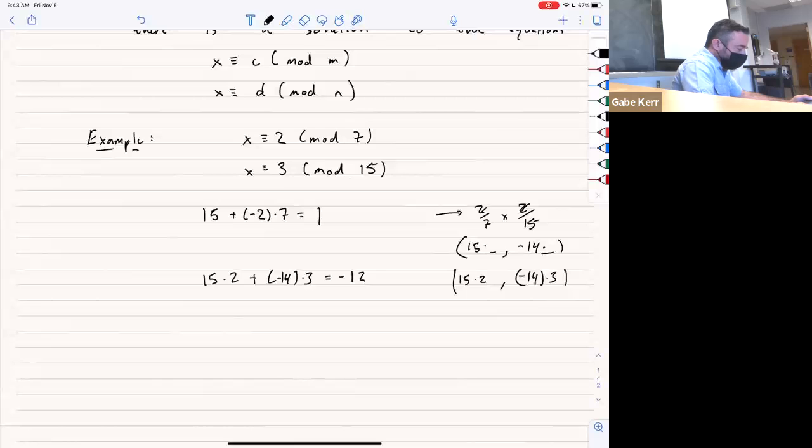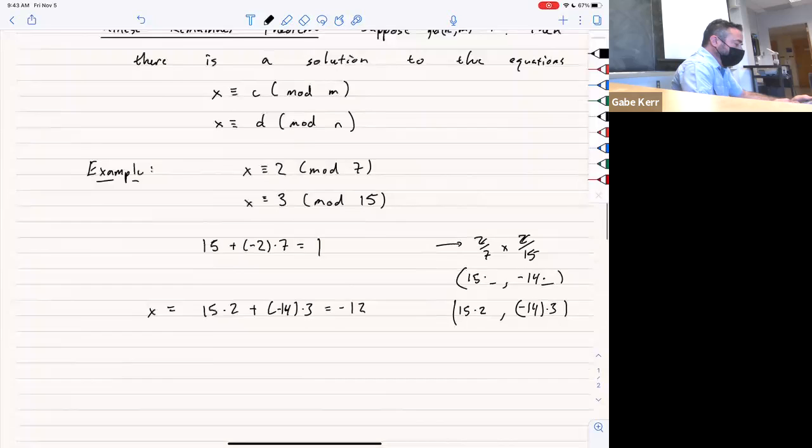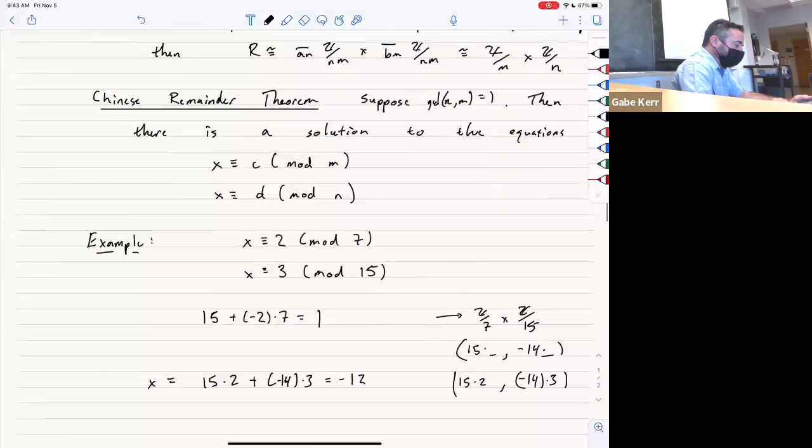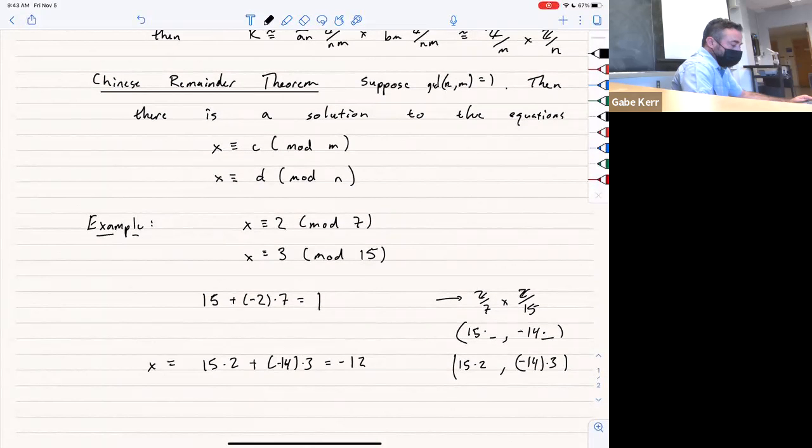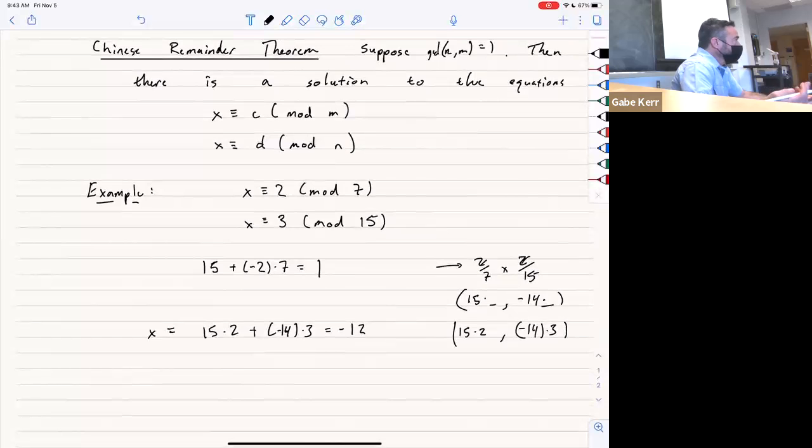I think this will be okay. Maybe you don't like negative numbers. And that's where the uniqueness part is. We know that this is unique mod their product, which is 105. So you can add a multiple of 105.